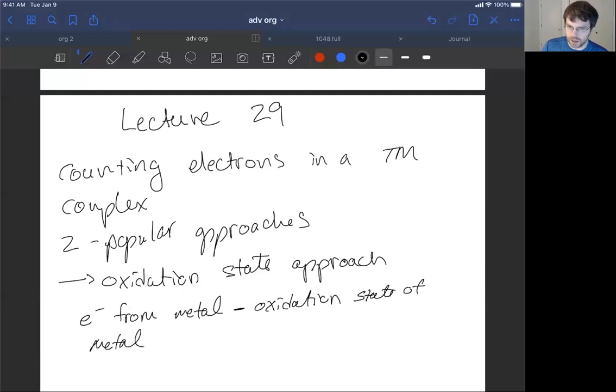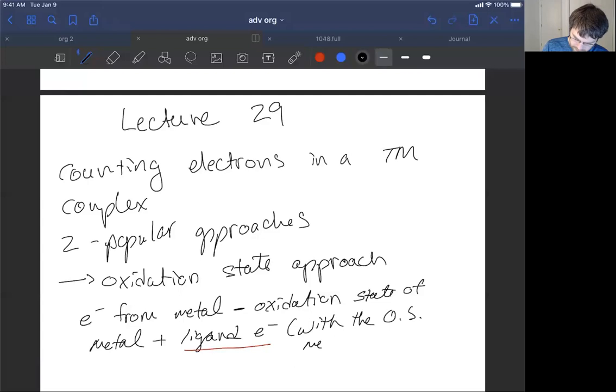And then it's plus the ligand electrons. And the ligand electrons come with a star here because we'll use the ligand electrons with the oxidation state, which I'll label as the OS method.